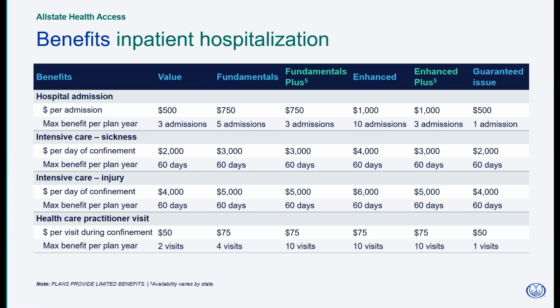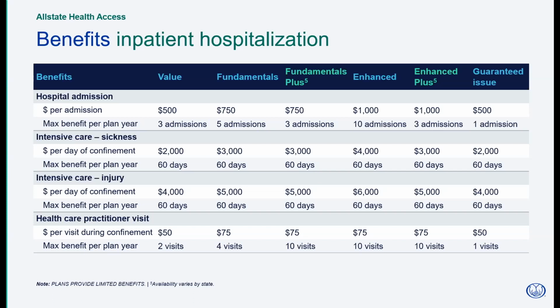So going back to this example here, guys, one of the things I want to show you is an example using the enhanced plan, because the enhanced plan is our most popular plan. If someone is admitted into the hospital and they have the enhanced plan, they're looking at a $1,000 benefit per admission, and they have up to 10 admissions per plan year. For intensive care in the hospital, for sickness, they're going to get a $4,000 benefit for a maximum of 60 days per plan year.